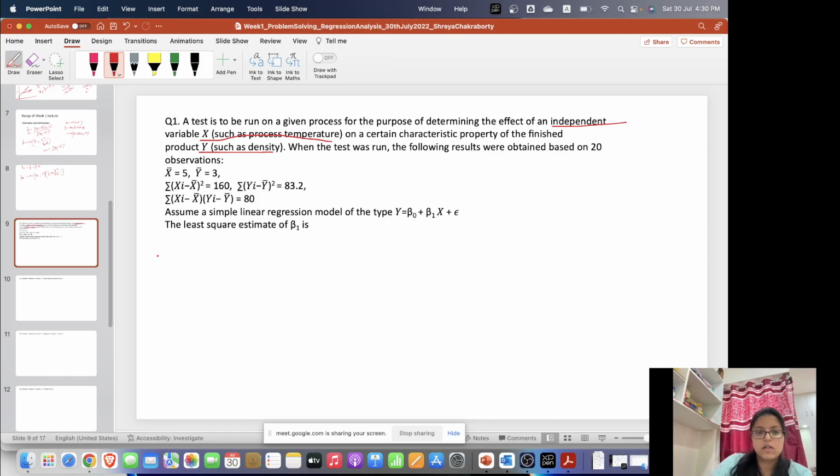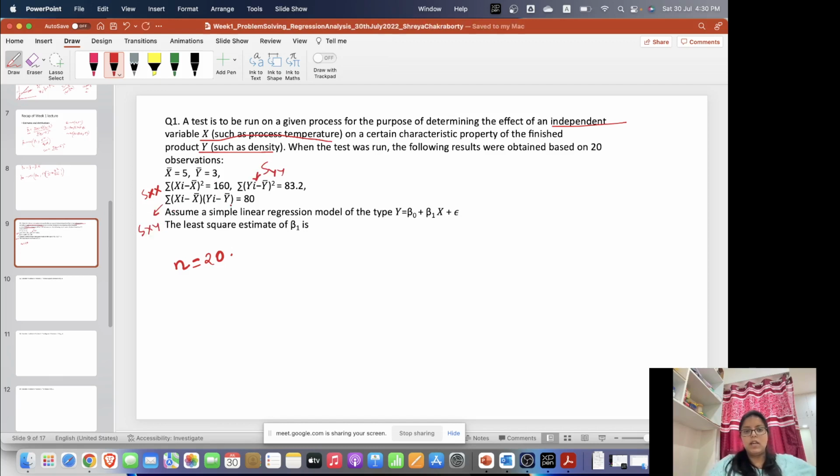So for this problem, what is my n? 20. Okay, and we have these values given: x bar, y bar, this is my SXX, this one is SYY, and this is SXY.